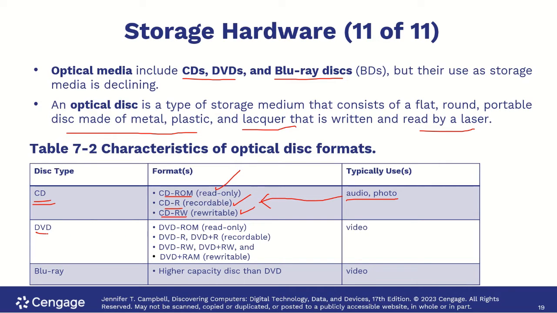DVD, on the contrary, can be read-only DVD-ROM, DVD-R or DVD+R, which are recordable, DVD-RW or DVD+RW, and DVD-RAM, which are rewritable. Mostly they are used for video, and Blu-ray is a higher capacity disc than DVD, and this is also video.